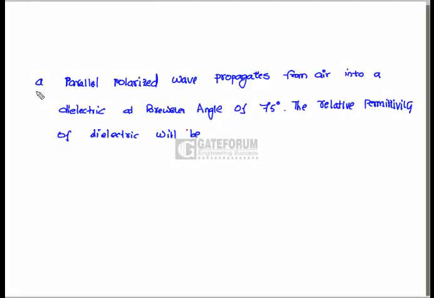In the given problem, the wave is traveling from medium 1 to medium 2, where medium 1 is air and medium 2 is a dielectric. Again, the wave is parallelly polarized and it is traveling at a Brewster angle.